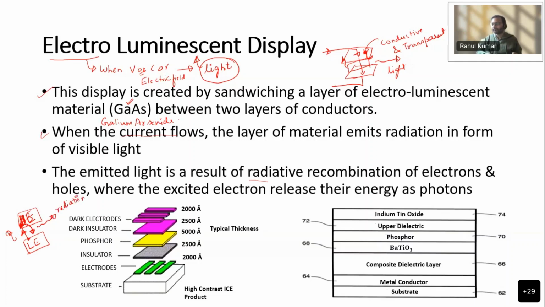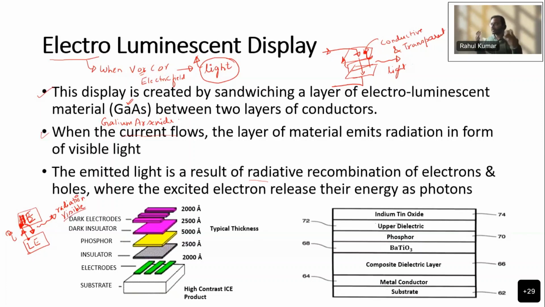Okay, and that radiation, in the case of electroluminescent material, is visible radiation. Okay, so light is also radiation. It is visible radiation.